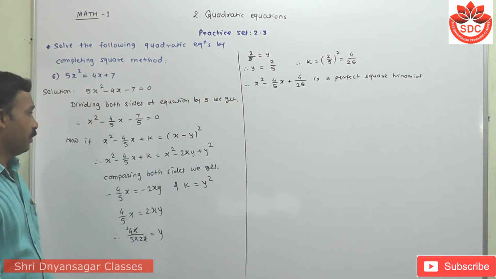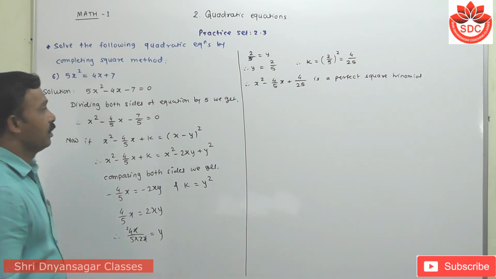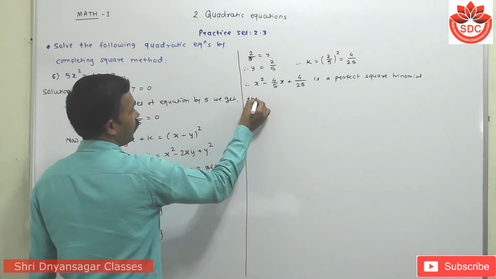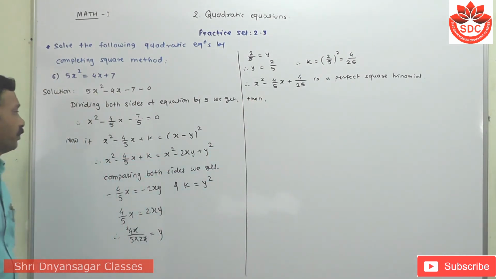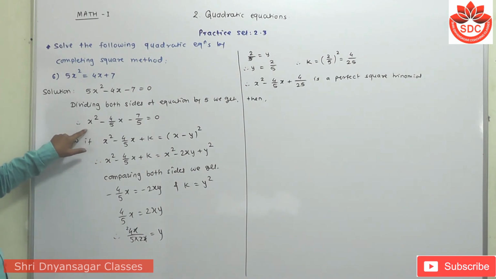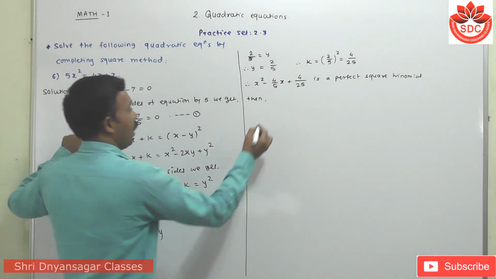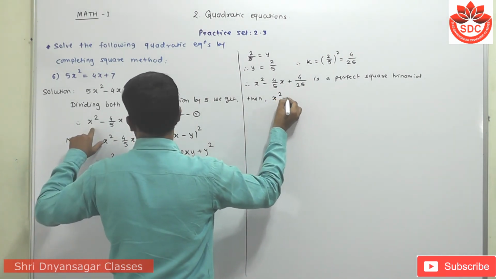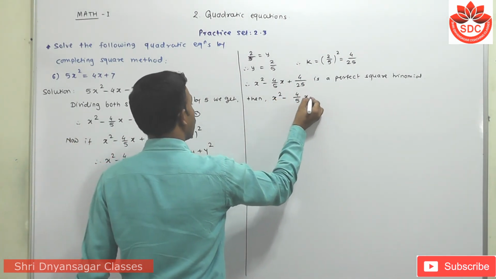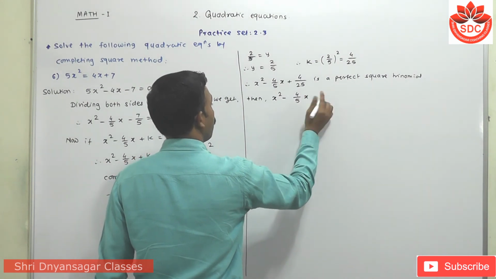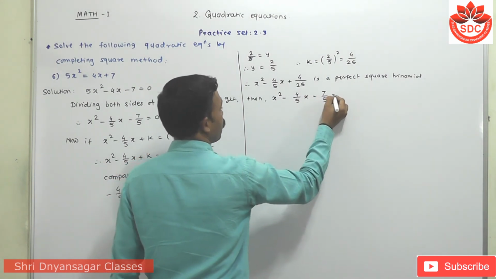Okay, then we use this original example. Suppose this is equation number first. Then we write here x square minus 4 upon 5x minus 7 upon 5 is equal to 0.